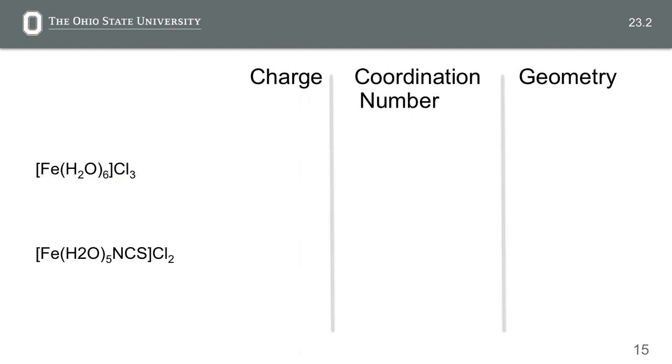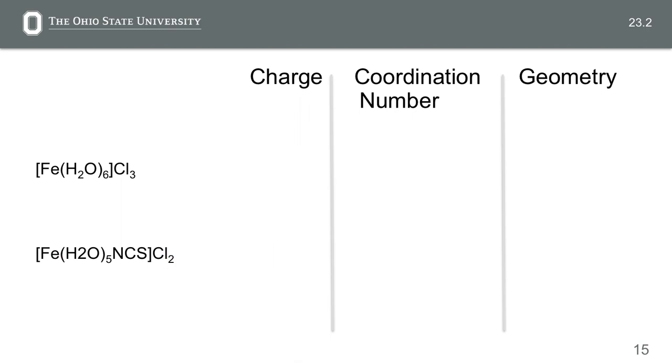When we put this in solution, these chlorides dissociate. Okay, and so we're going to be left with the hexa-aqua iron. And then here's the red solution, which was the other one with the thiocyanate ion, which I'm not repeating the name of. And then it has 2 chloride ions associated with it. Again, when we put this in solution, these completely dissociate. Okay.